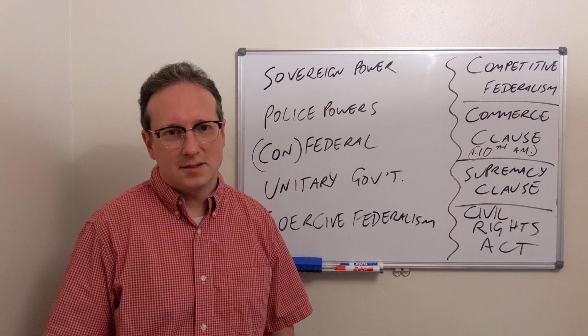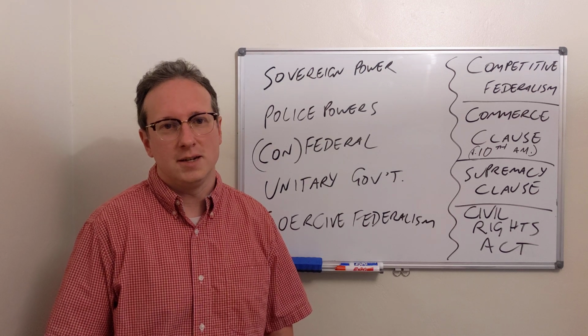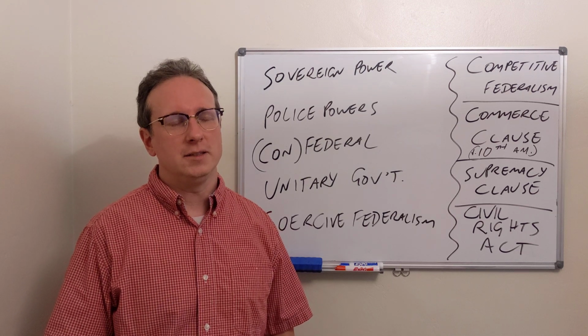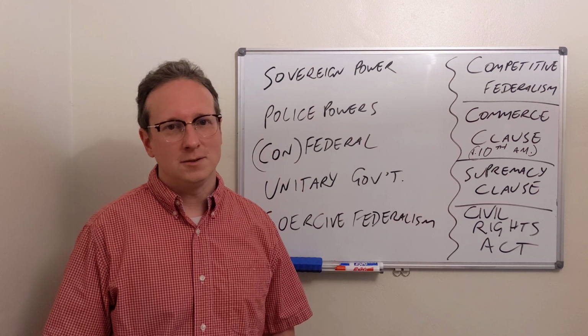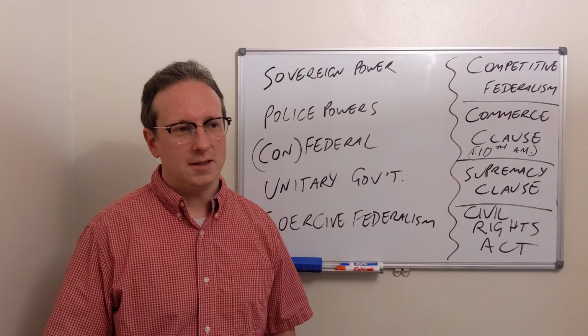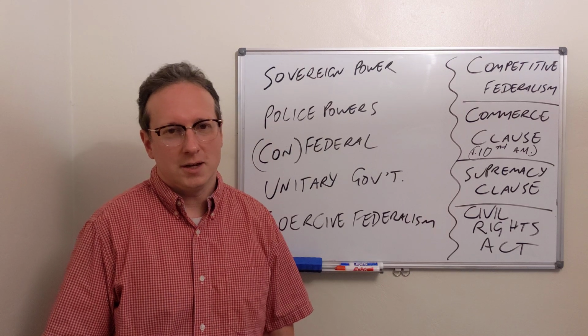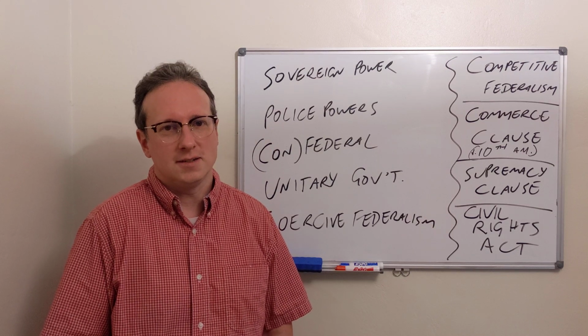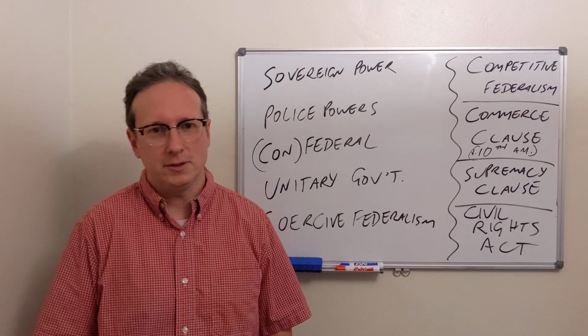Because the states comprise the national government, at least initially, and they continue to exist and work in cooperation with the federal government, I think it's appropriate that we say, where we are is in the states, and we're going to learn about the state relationship.